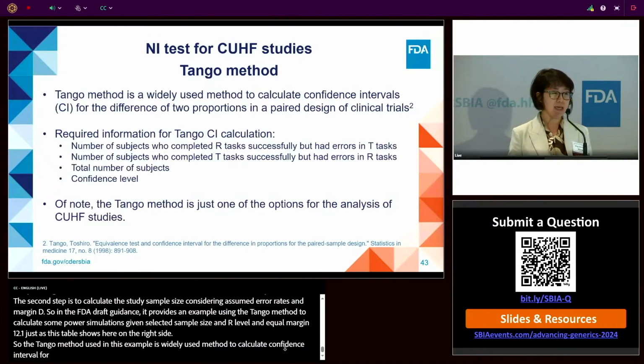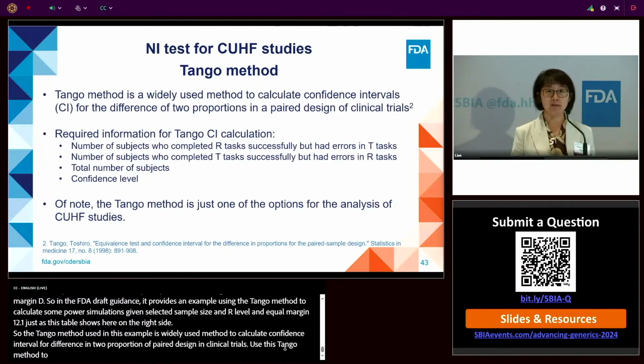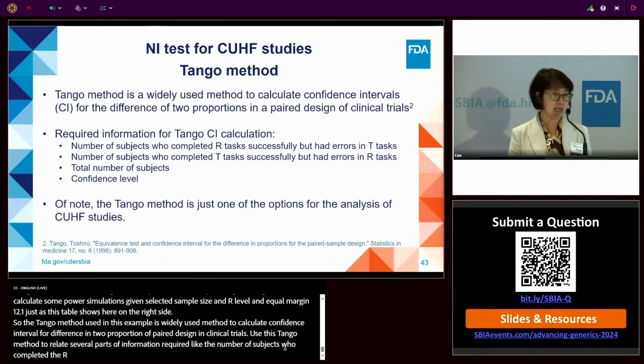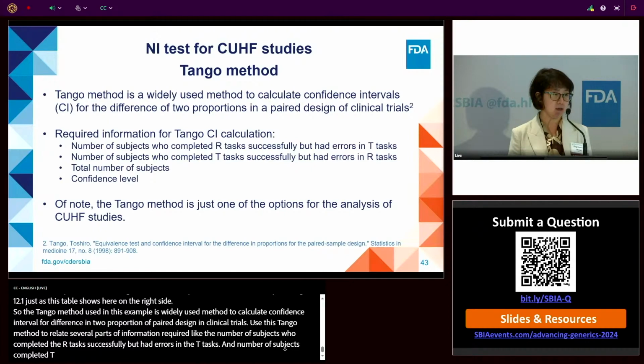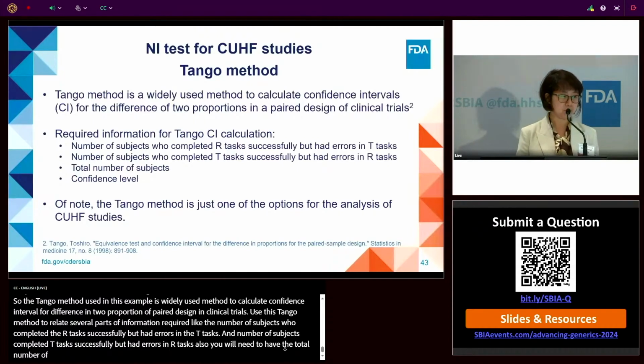To utilize the Tango method to calculate the confidence intervals, usually several pieces of information are required, like the number of subjects who completed the R tasks successfully but had errors in the T tasks, and the number of subjects who completed T tasks successfully but had errors in R tasks. Also, you will need the total number of subjects and the confidence level.